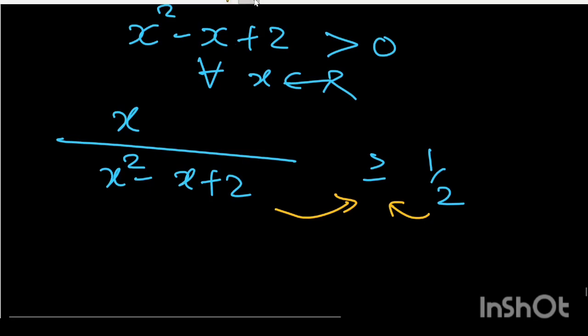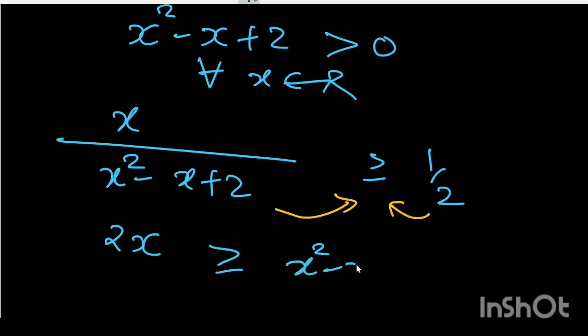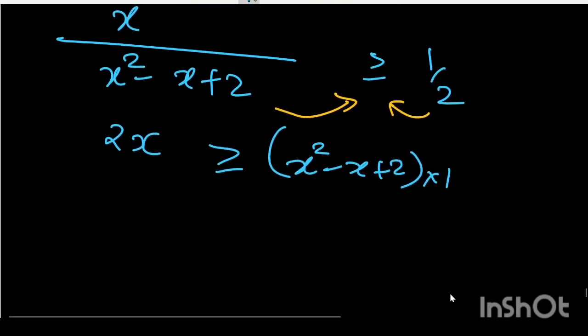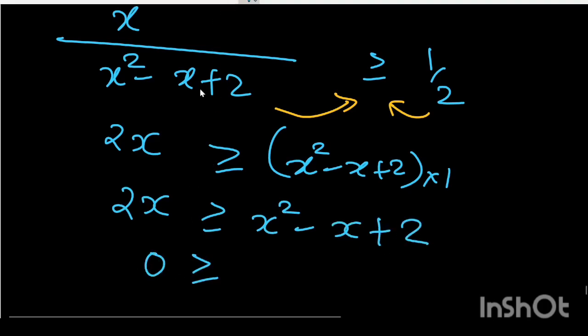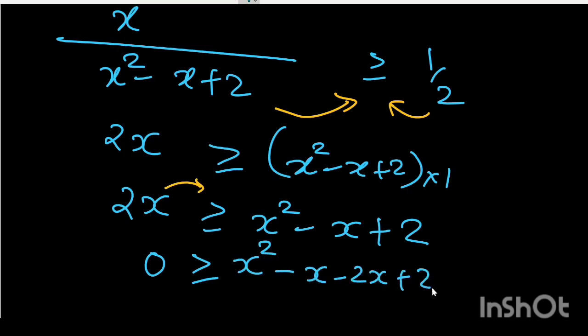So when you cross multiply, 2 on the LHS gets multiplied to x, and x square minus x plus 2 gets multiplied to 1. Now this reduces to a quadratic inequality. 2x will go to the right hand side of the inequality, giving x square minus x minus 2x plus 2.